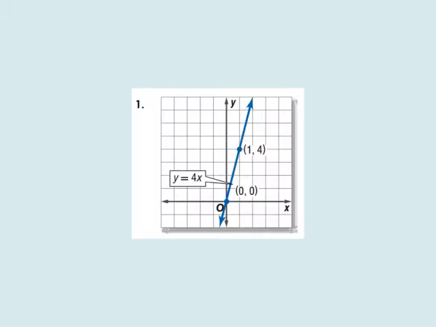So let's take a look at a problem. On our first problems, what we're asked to do is find the constant of variation and the slope. The thing is that the constant of variation is the slope.